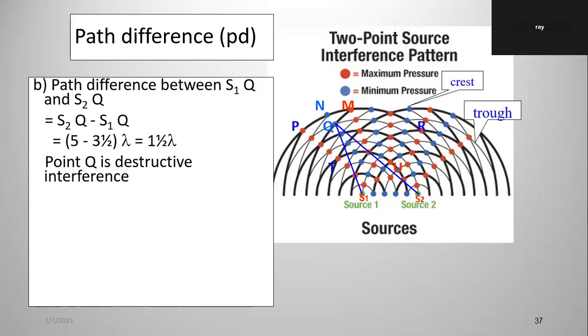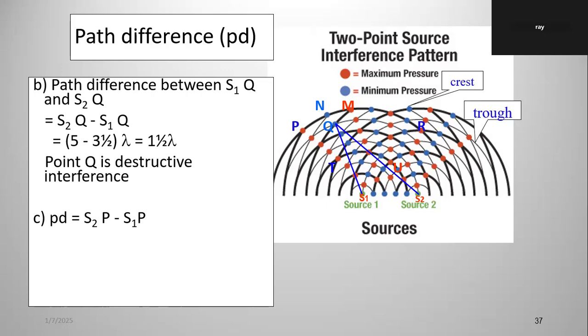How about S2P and S1P? There's your P. S2P, S1P.